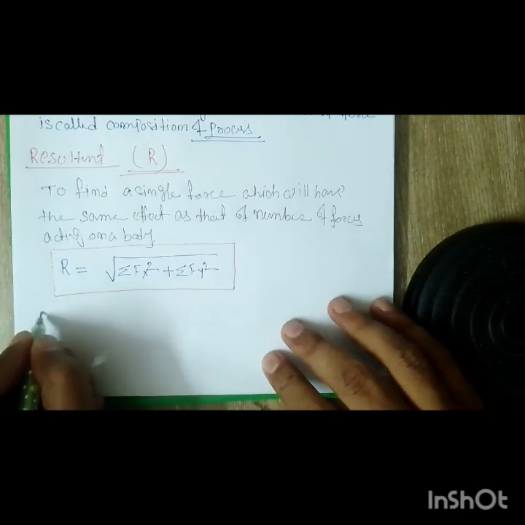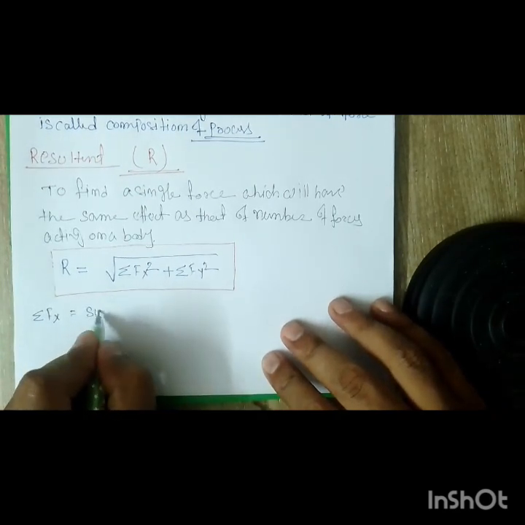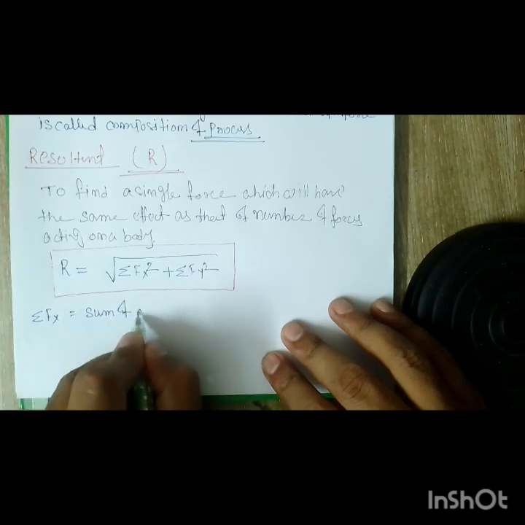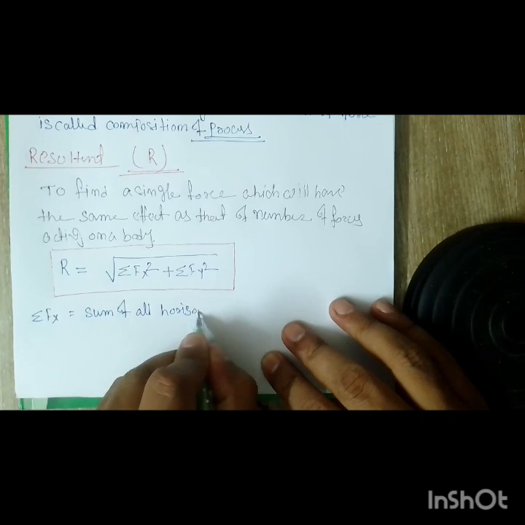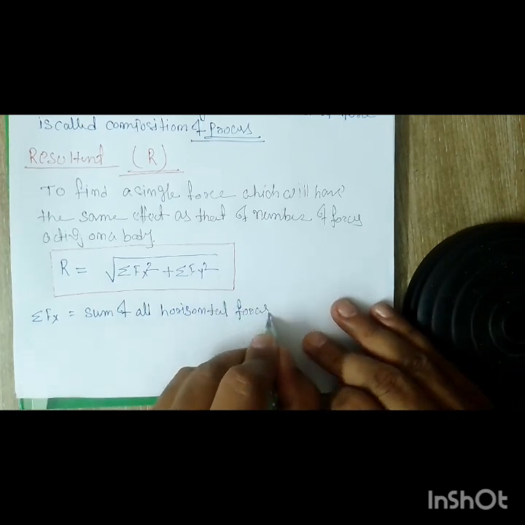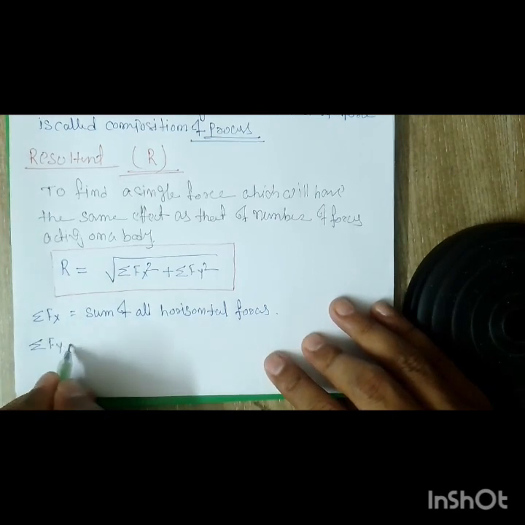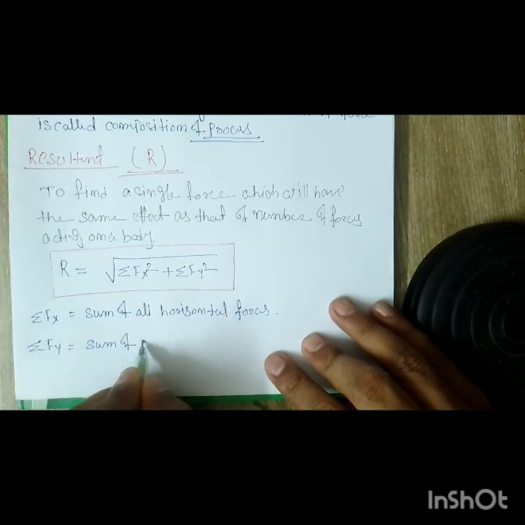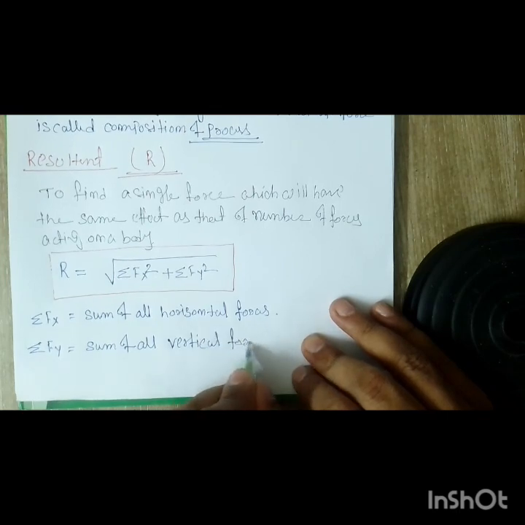Summation Fx is the sum of all horizontal forces, and summation of Fy is the sum of all vertical forces.